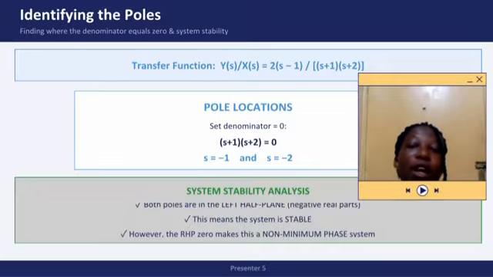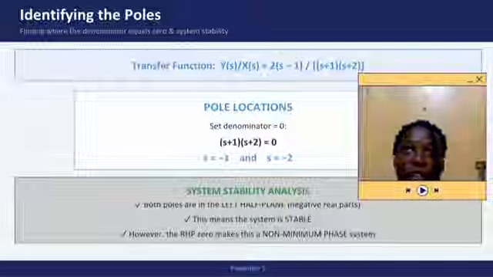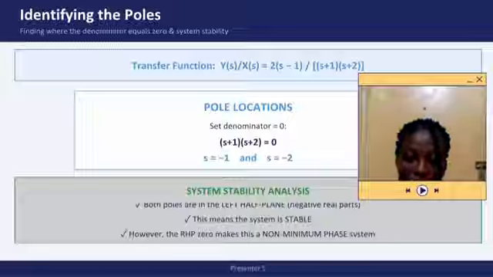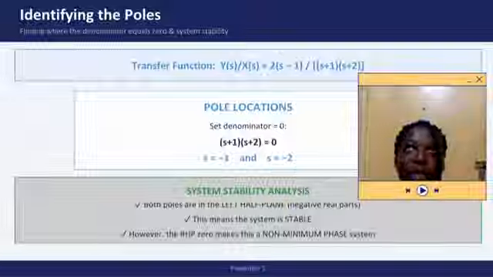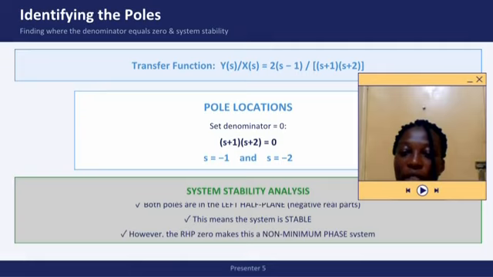Yes. However, we have certain clarifications that we'll have to make. Although the system is stable, the presence of the right half plane zero at s equal to +1 makes the system to be called a non-minimum phase system.